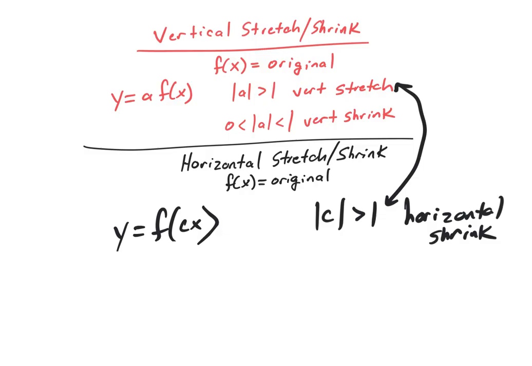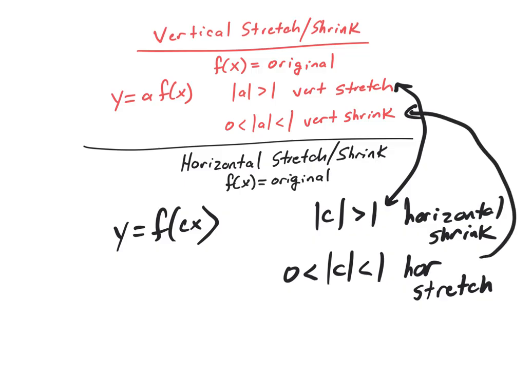And then if that c value is between 0 and 1, then that would be a horizontal stretch. And that is going to be the same as a vertical shrink. Okay, those two wordings are the same.